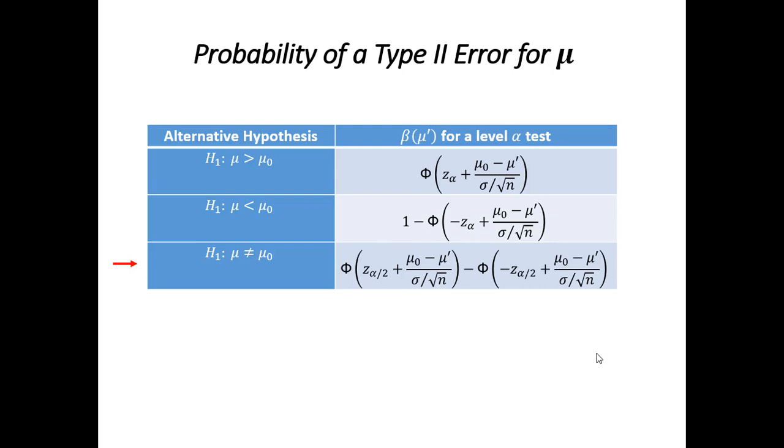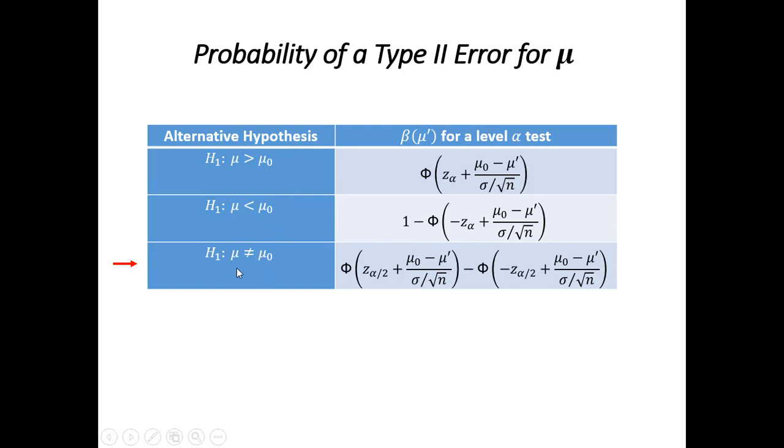Remember, alpha is the probability of a type 1 error, but if we want to find beta, the probability of a type 2 error, the first thing you have to do is examine your alternative hypothesis. Okay, so we have the three possibilities.